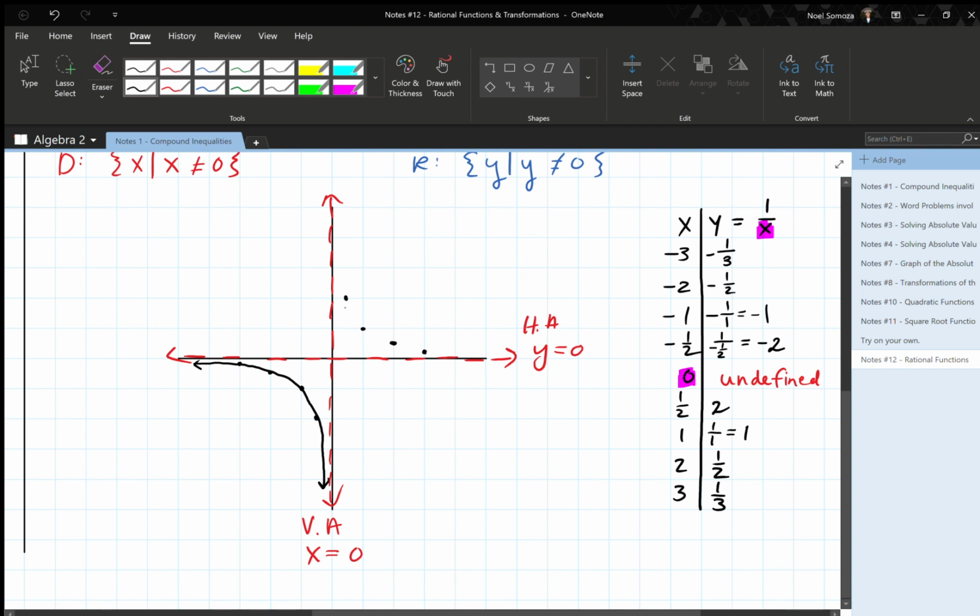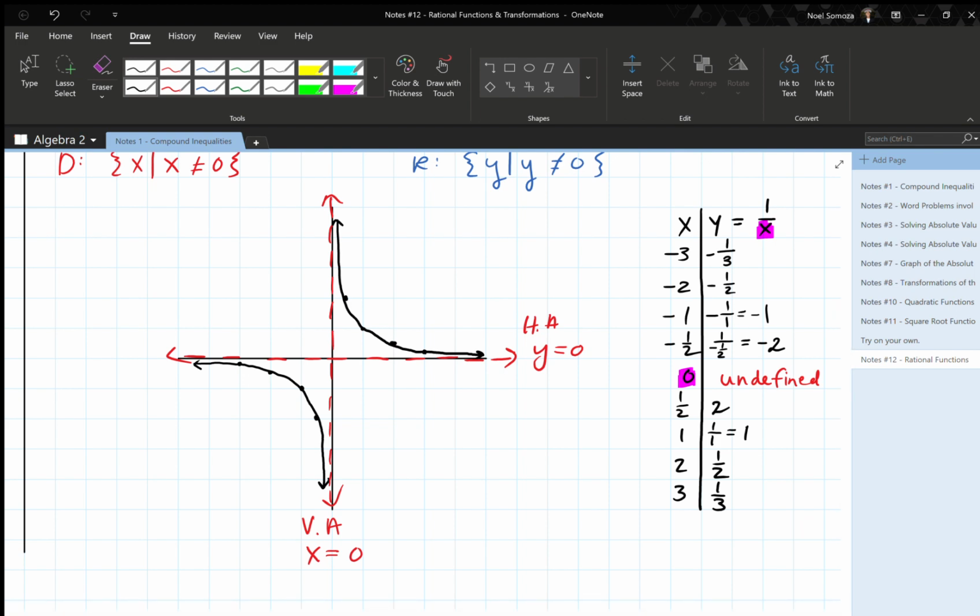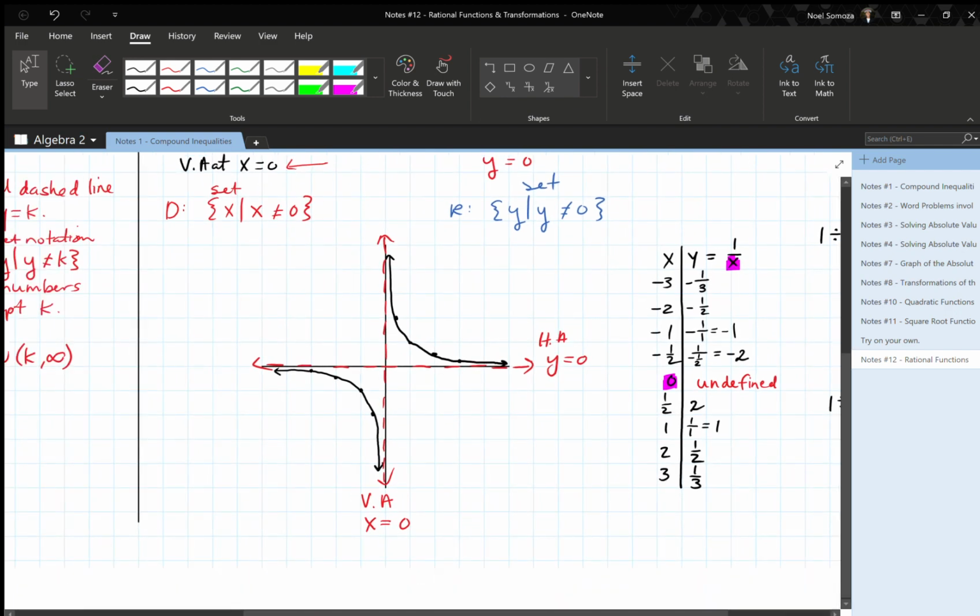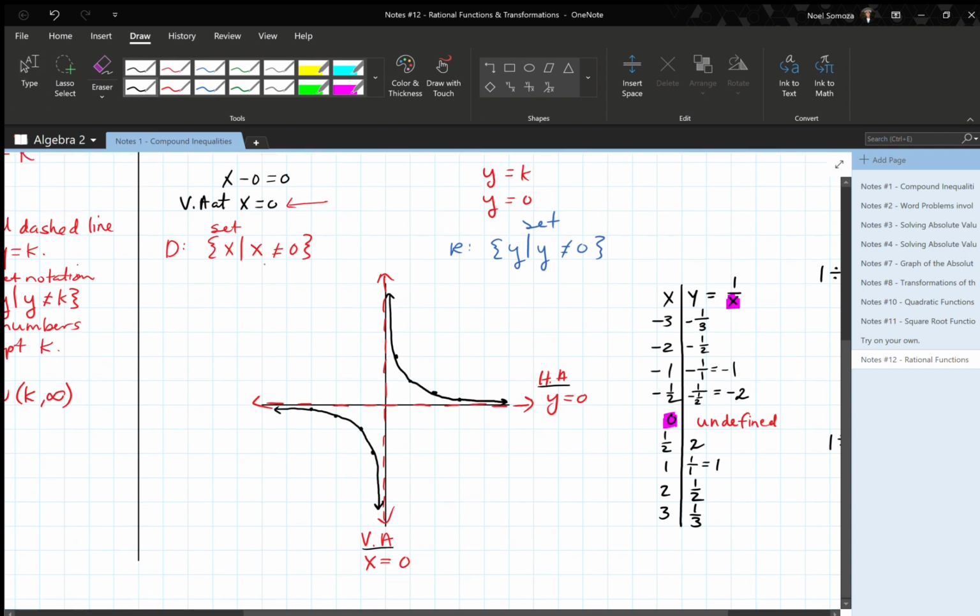You have a curve that gets close to the x-axis and then a curve that gets close to the y-axis, but they don't actually touch. And there's your rational function. Notice everything that's been labeled: both of the asymptotes, horizontal asymptote and vertical asymptote. We've defined the domain. We've defined the range. We did it even without having to graph it.